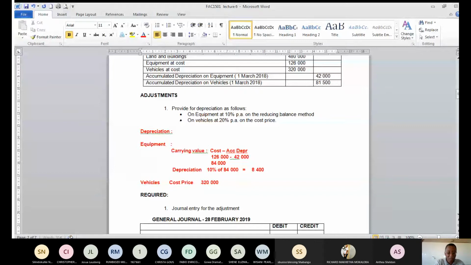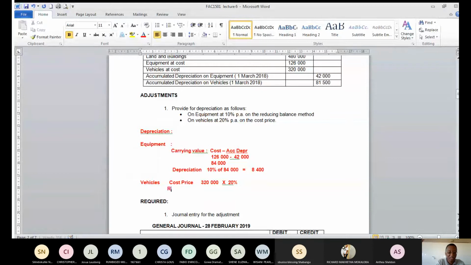You must take 20% of that amount, and that will give you depreciation then of 64,000 Rand. So you have now calculated the depreciation on equipment, and you have calculated the depreciation on the vehicles now.